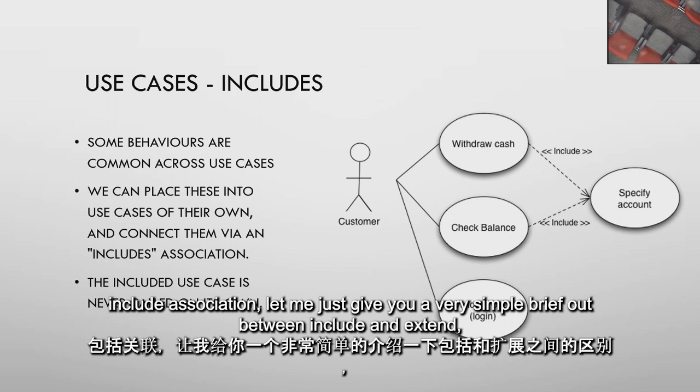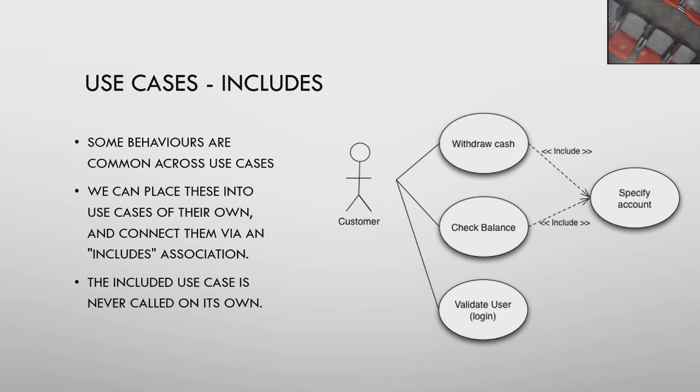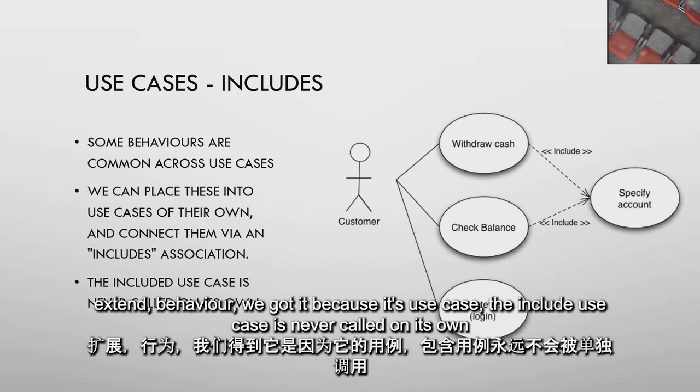Let me just give you a very simple brief on include and extend. First, do you see that the arrows are dotted? Understand? Not the main arrows as you see here. So what's the difference between include and extend? Behavior, we got it because it's a use case.